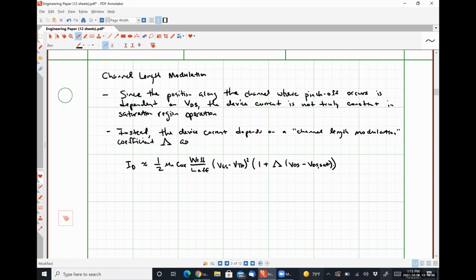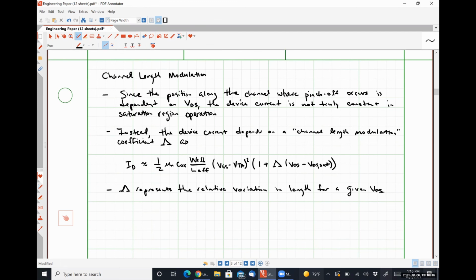So what does this parameter lambda represent? All right, so lambda represents the relative variation in length for a given VDS value.